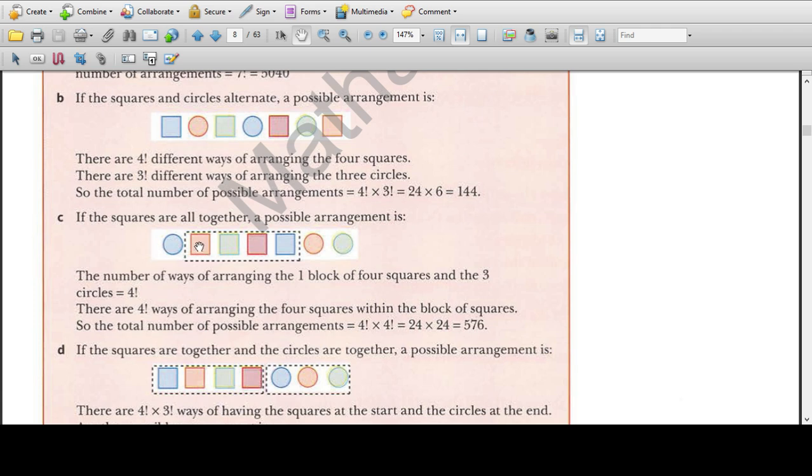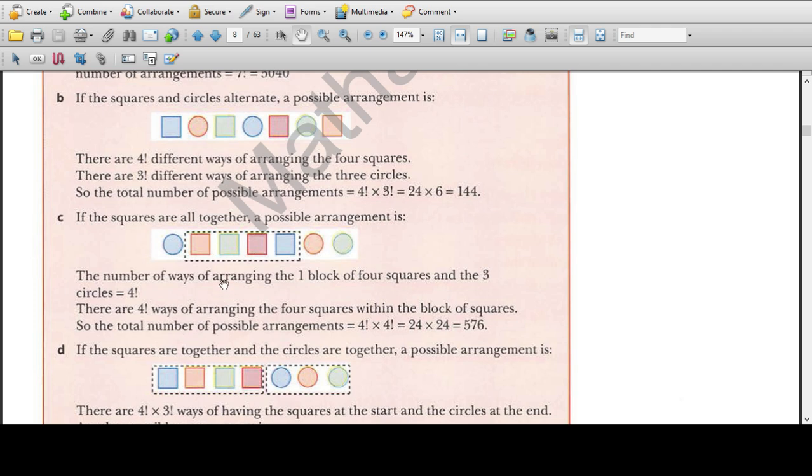If we shift it, the block can be shifted here, and here. Two circles, then the block, then all 3 circles, then the block, all circles on the left side, or all circles on the right side.